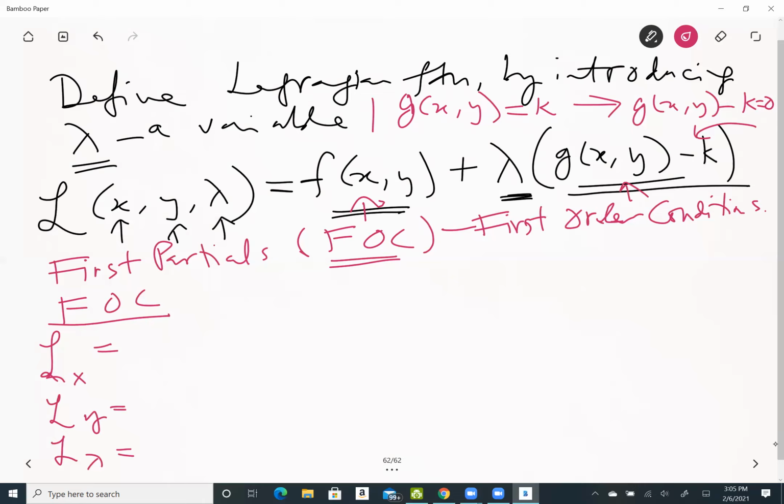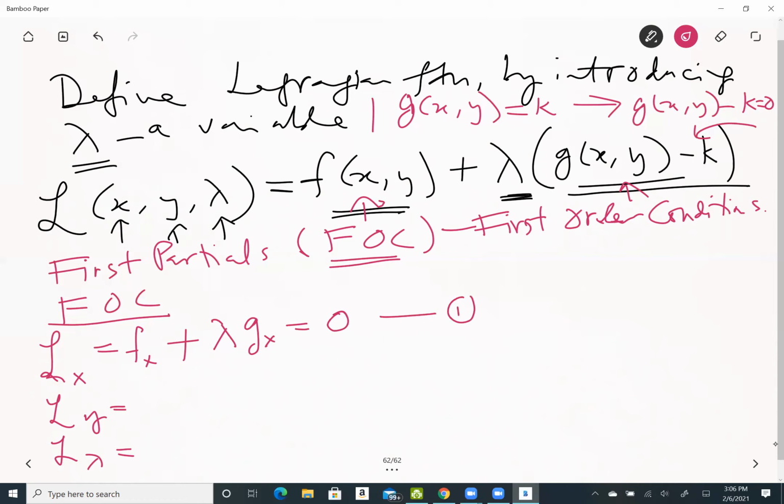So it is fx plus g of xy, which depends on x, but the g is multiplied by lambda. So you have lambda multiplied by gx. Now, what is the condition for a critical point? The partial derivative is 0. So set that to 0, call it number 1.